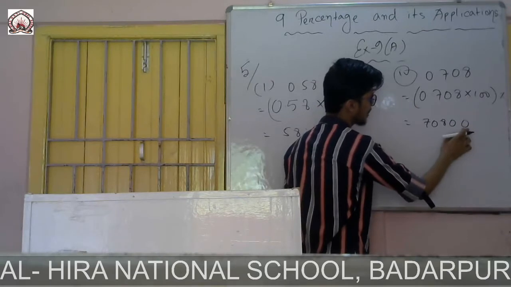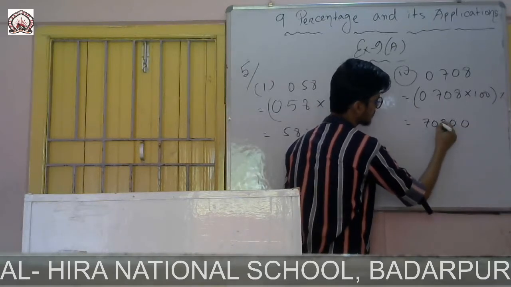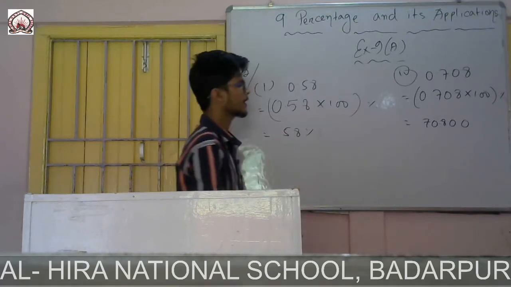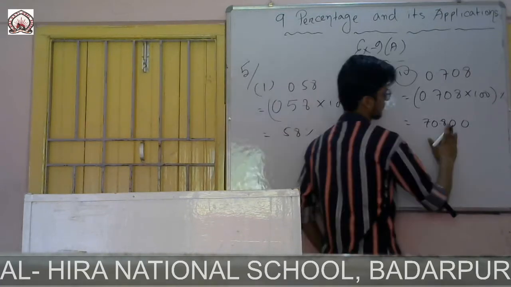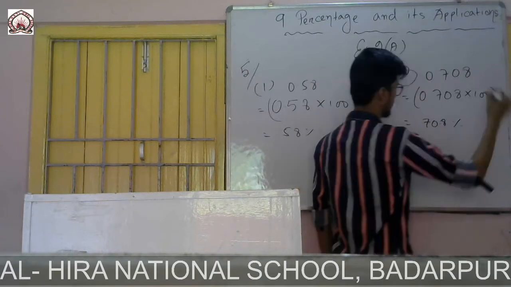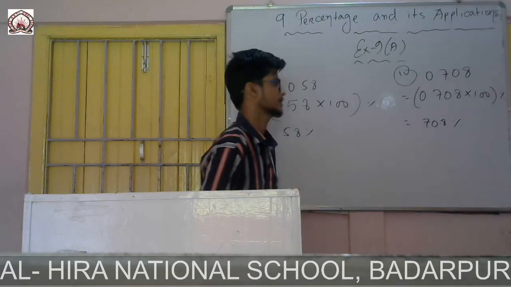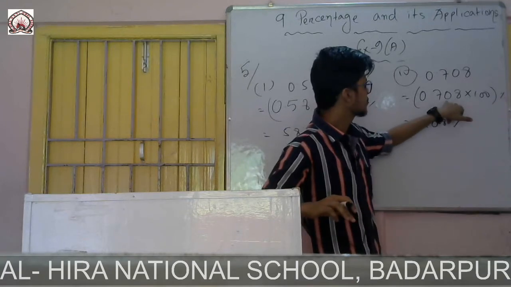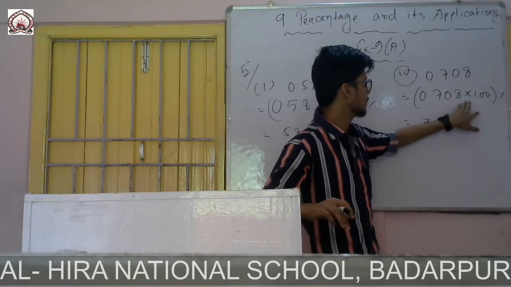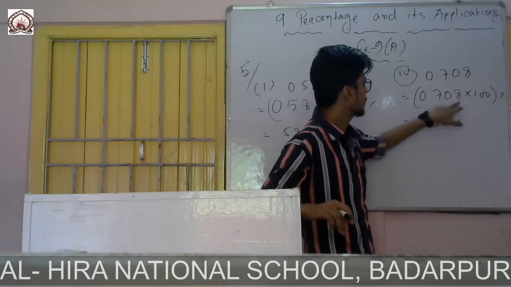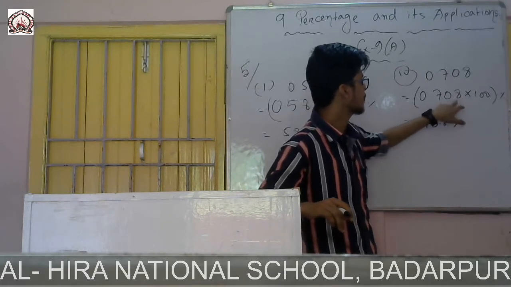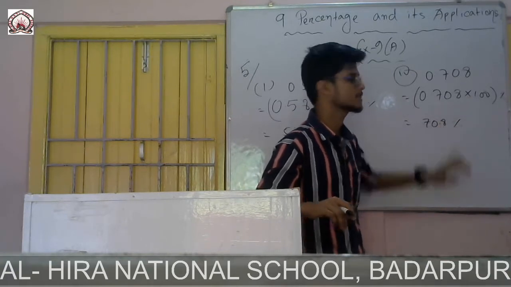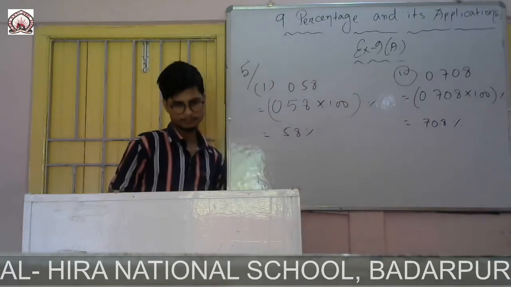That means we will count from here 1, 2, 3. That means 708.00 becomes 70.800, so you can write simply 70.8%. No need to give these zeros. Simple. First of all I wrote directly 708, and if I multiply any number by 100, two zeros will be there. And then I counted how many digits before the decimal: 1, 2, 3. So I gave the decimal before 3 digits. Okay.